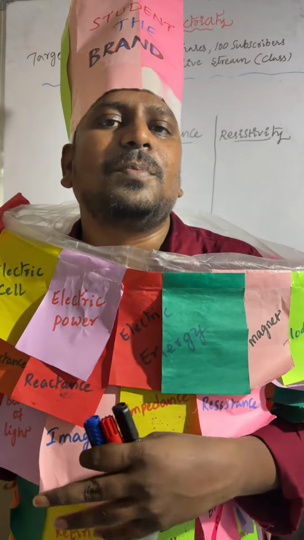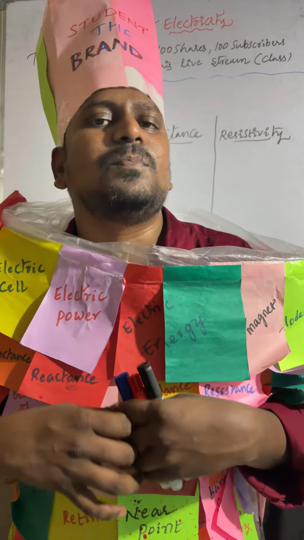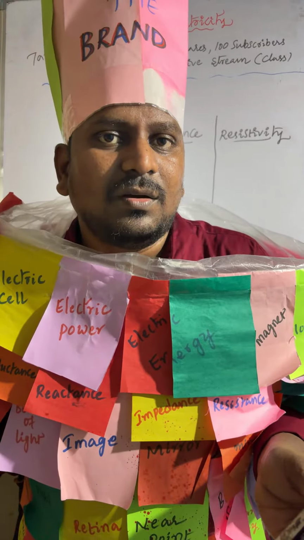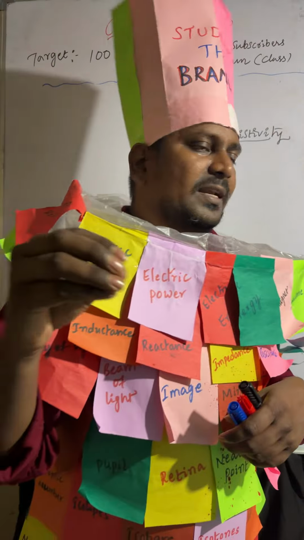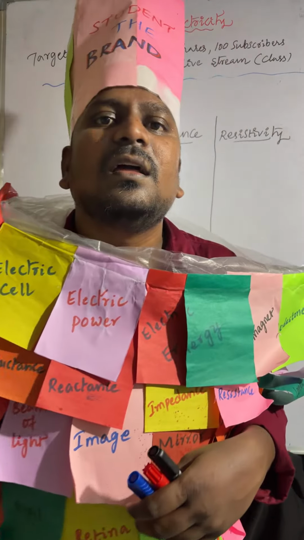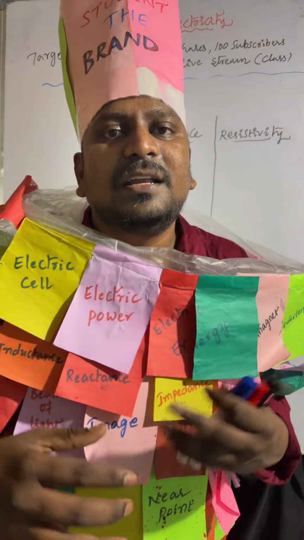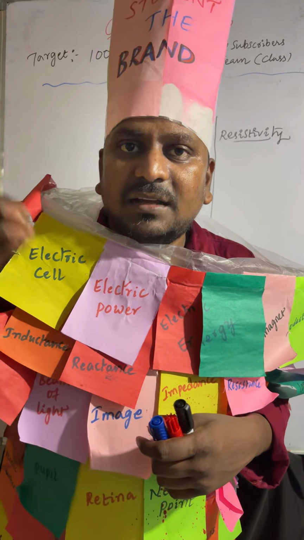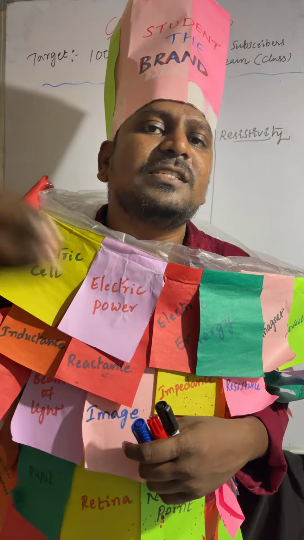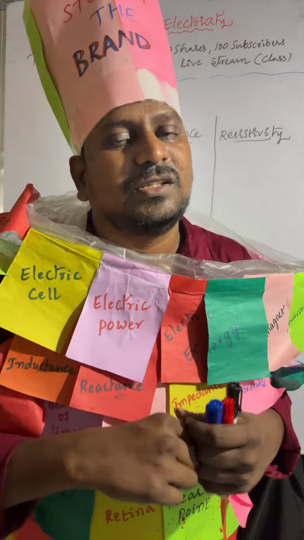So some it will oppose, it does not oppose everything. Some appreciable resistance is there, that is called a resistor. So the device which is used to oppose the electric current is called a resistor.